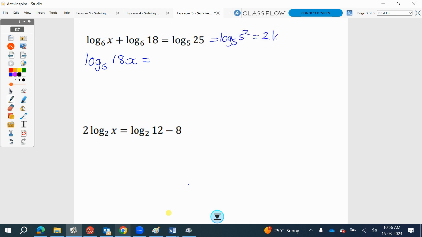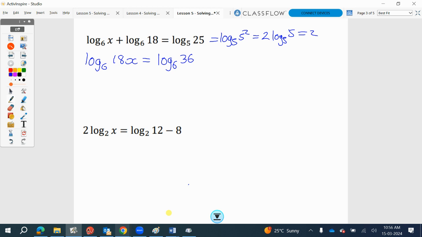That's 2 log base 5 of 5, which is 2. So I want to write log base 6 of 36, because that's also 2.